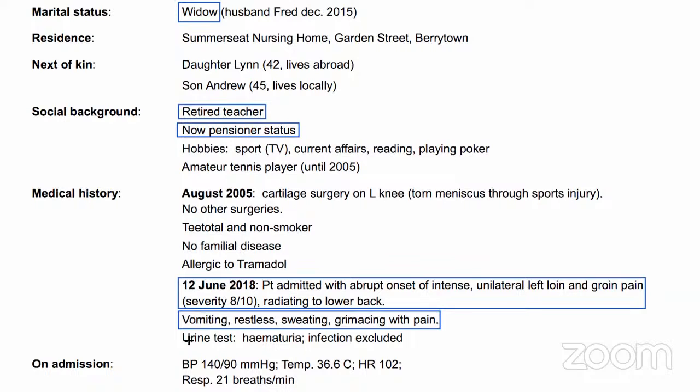And urine test was ordered, infection excluded. Now on admission, the vital parameters were like this. You can understand it very clearly here.